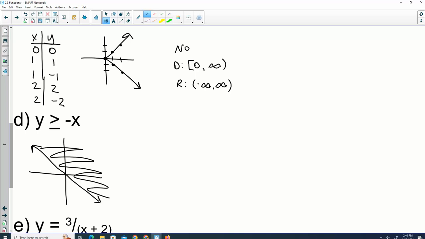You know, when my y was inside the absolute value, if I have an inequality, does this pass the vertical line test? No. If it's an inequality, it's never going to be. What's my domain and range on this, though? Both of these hit everything eventually. Inequalities are not going to give us functions.